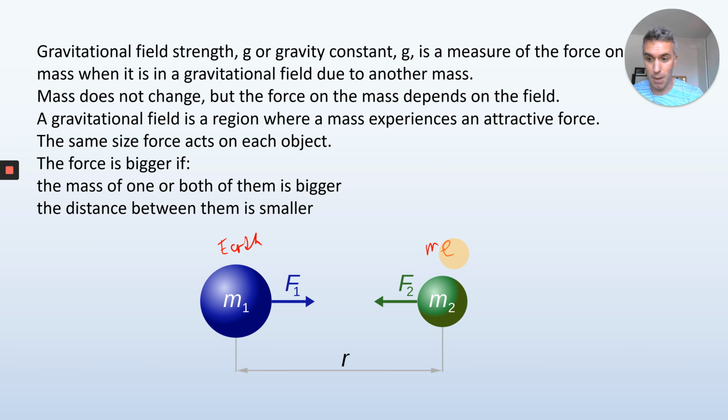But because I am so small relative to the mass of the Earth, the force that the Earth exerts on me is quite substantial. The force I put upon the Earth with its enormous mass is very, very small and minimal. So small, you wouldn't even notice me pulling the Earth towards myself. The gravitational field is a region where a mass experiences an attractive force. So if I'm near the Earth, I will experience the Earth's gravitational field.